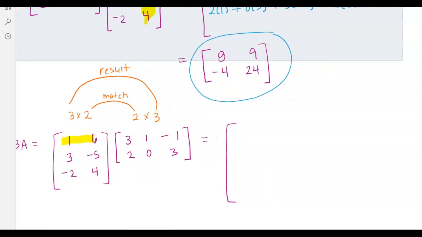First row, first column. We have 1 times 3, which is 3, plus 12. 1 times 3 plus 6 times 2. I'm going to stay in the first row, go to the second column. I'm going to have 1 plus 0. First row, third column, -1 plus 18.